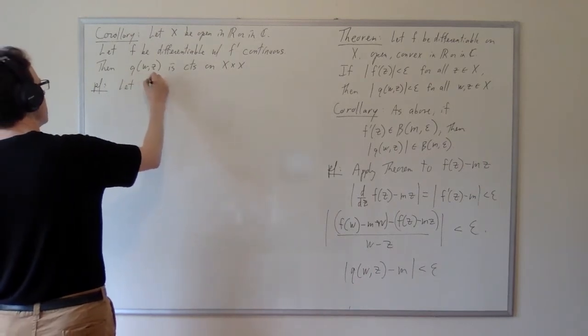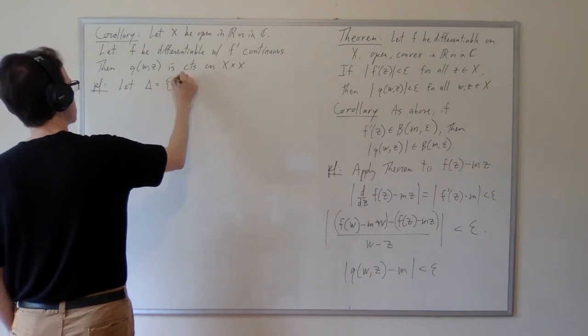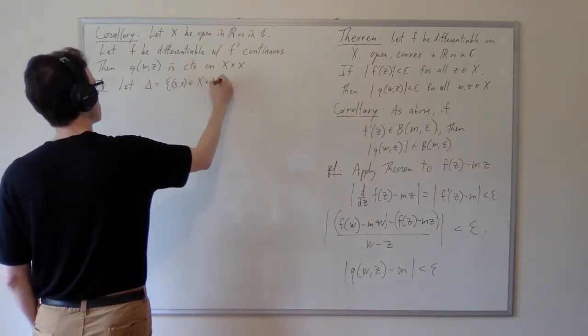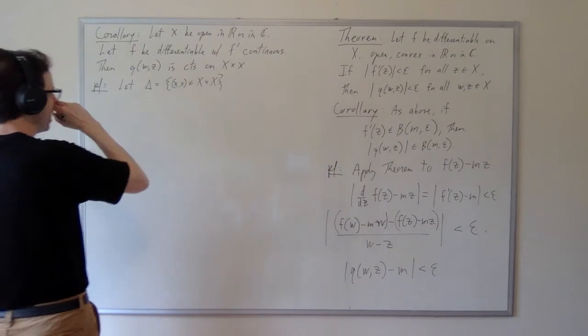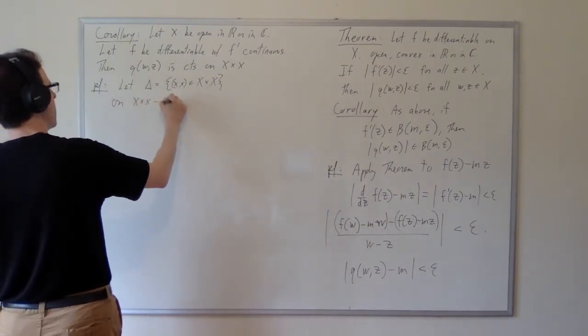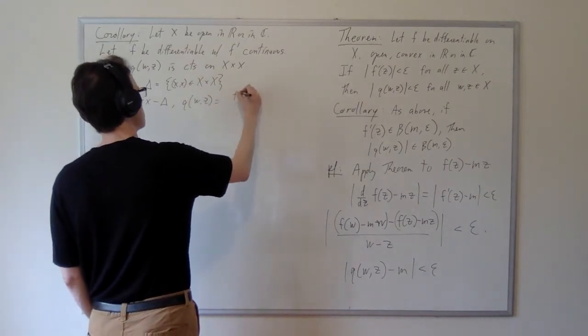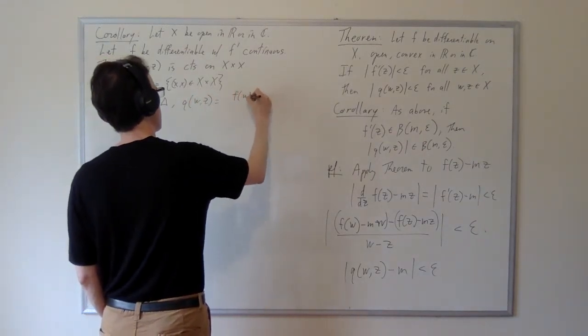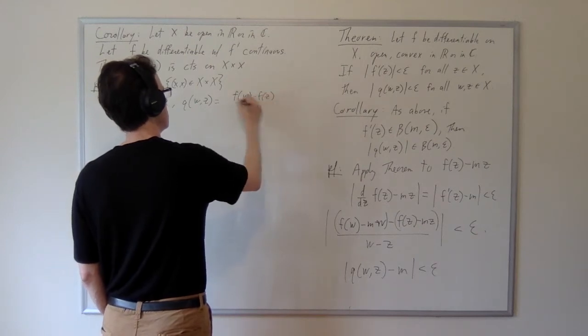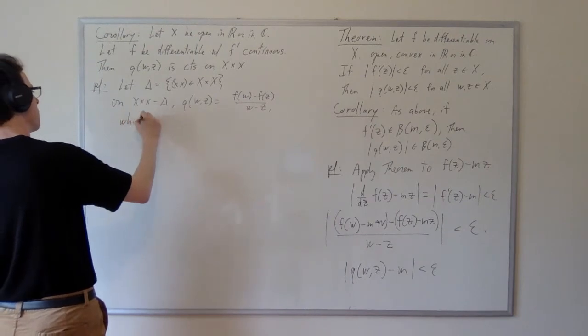So let delta, for diagonal, be the set of all (x,x) in x cross x. And then on x cross x minus that diagonal, q of wz is known to be this difference quotient, f of w minus f of z over w minus z, which is a continuous combination.